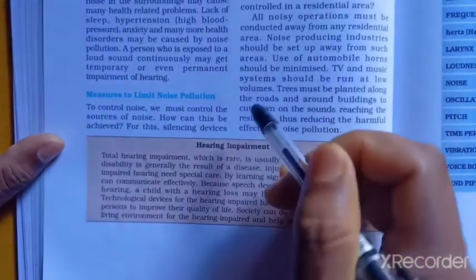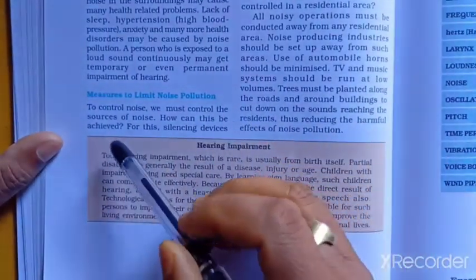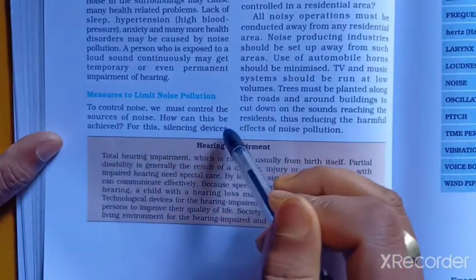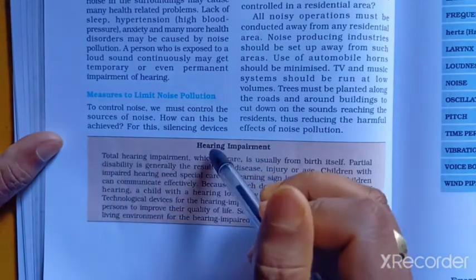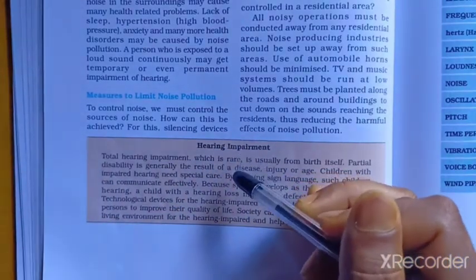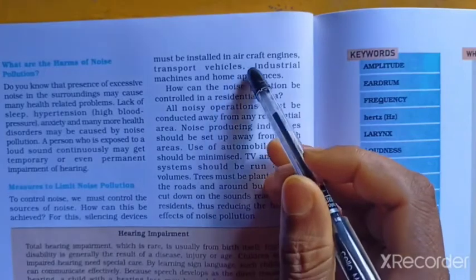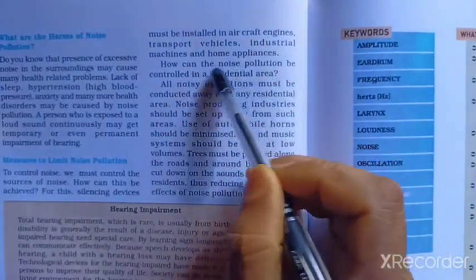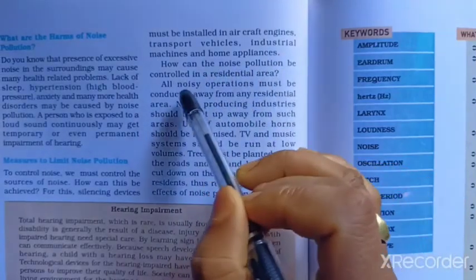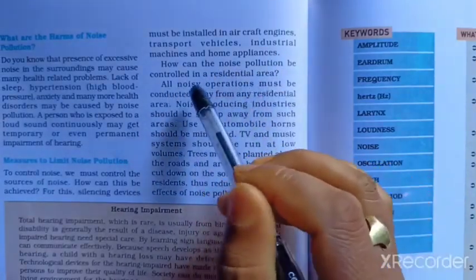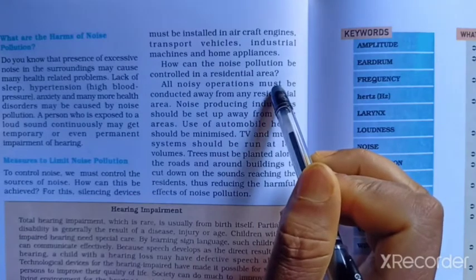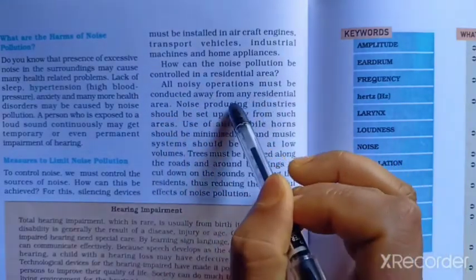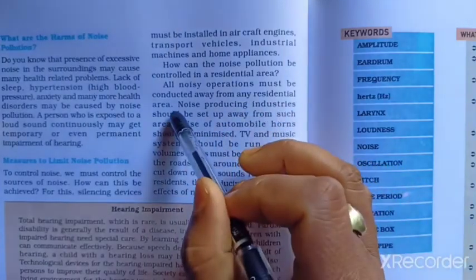And measures to limit noise pollution. To control noise, we must control the sources of noise. How can this be achieved? For this, silencing devices must be installed in aircraft engines, transport vehicles, industrial machines, and home appliances. How can noise pollution be controlled in a residential area? All noisy operations must be conducted away from any residential area.